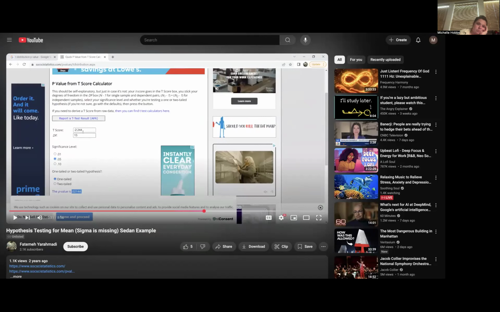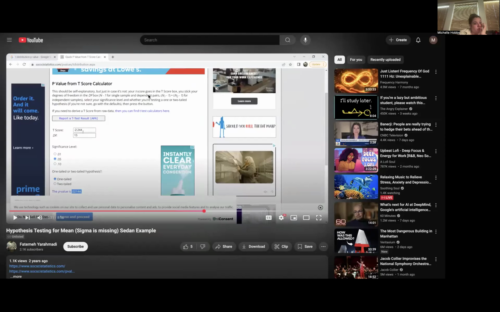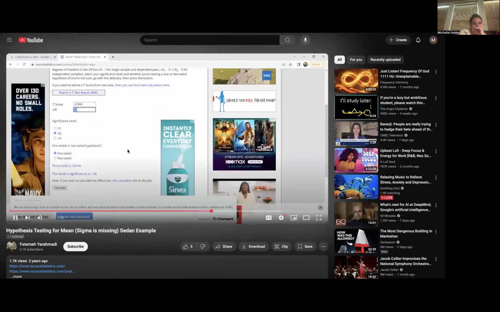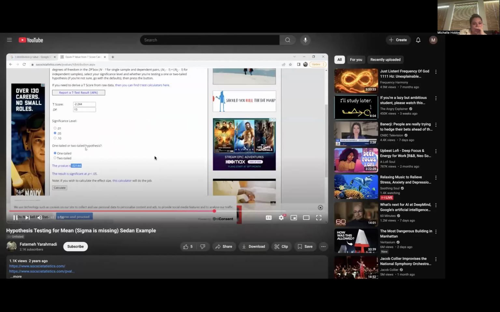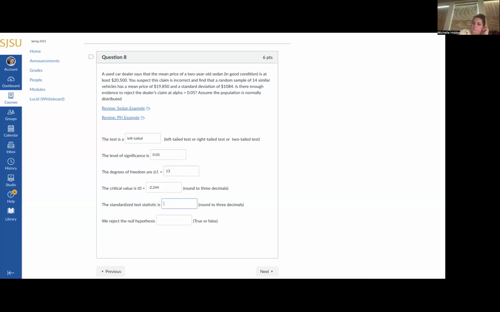The t-score is negative 2.244, degrees of freedom 14 minus 1, which is 13, level of significance 5%, one-tailed hypothesis testing. And the p-value is 0.02144. So the p-value of this area is about 2%.